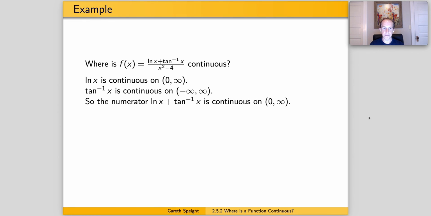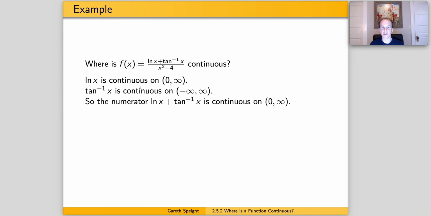And then we look at the bottom. Okay, so well, let me not go there yet. Let's use the two steps. So ln x is continuous on (0, infinity). Inverse tan is continuous on the whole real line. So if we want both of those, right, the numerator is the sum. So both of those are going to be continuous at the same time on (0, infinity), right? If I want the top to be continuous, I need both of the individual pieces to be continuous.